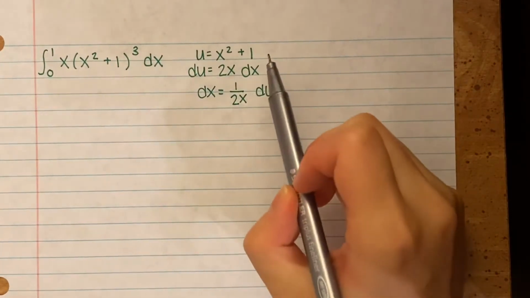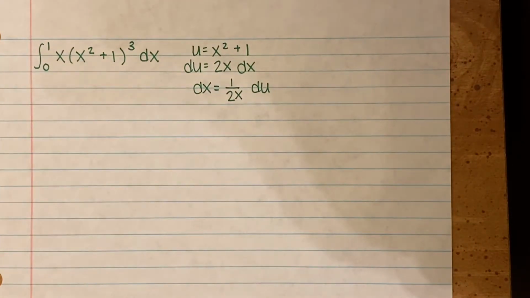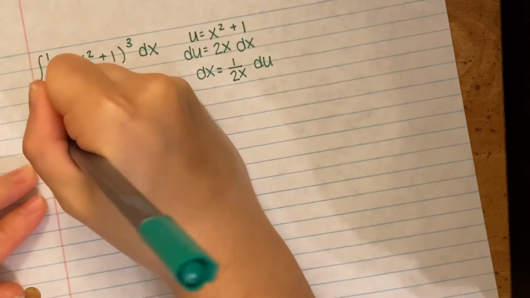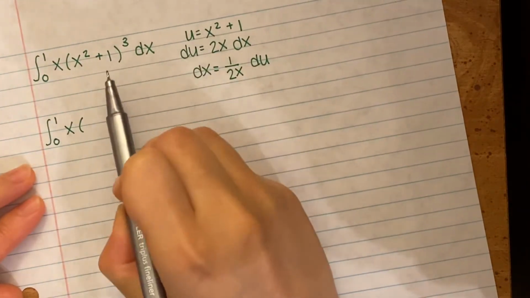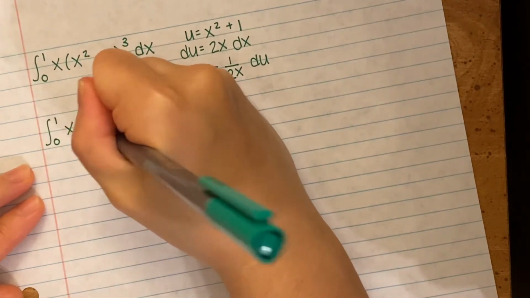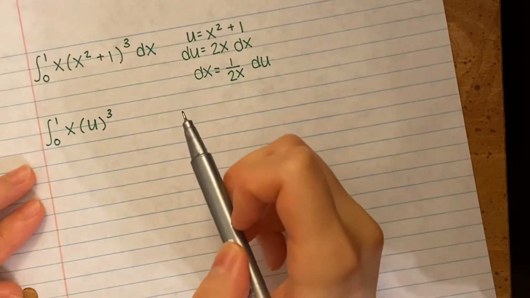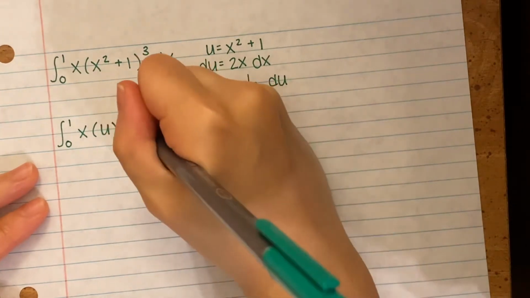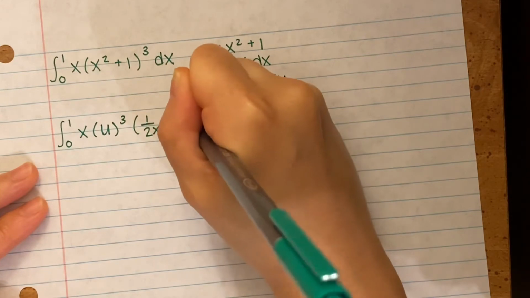Okay, and now once we're done with these steps, we can make our substitutions. So we have the integral from 0 to 1 of x, and since we chose our u to be x squared plus 1, I can substitute that for u to the third power. And I know what dx is. dx is 1 over 2x du.